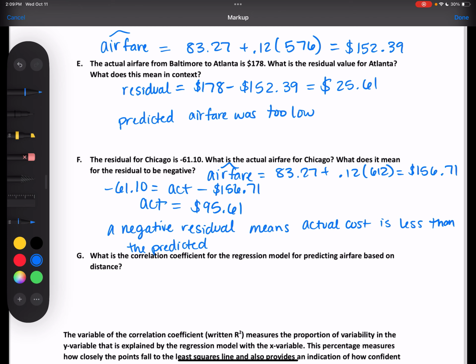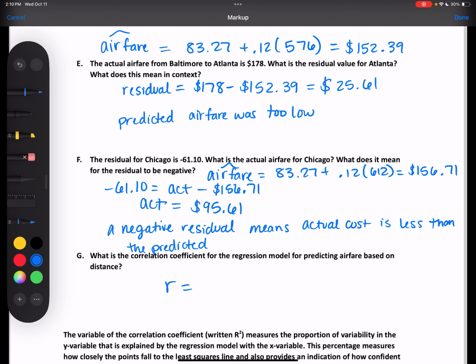Okay, so what is the correlation coefficient for the regression model for predicting airfare based on distance? You go back to your linear regression, so you may have to run it again, and it'll tell you what the R value is. Once you get that, don't clear it off your screen because we need something else on there. Just 2 decimal places.